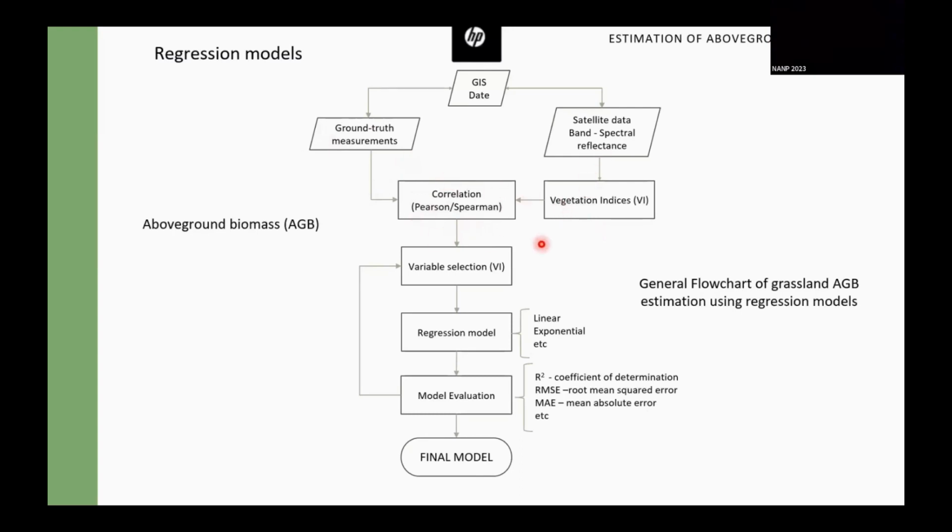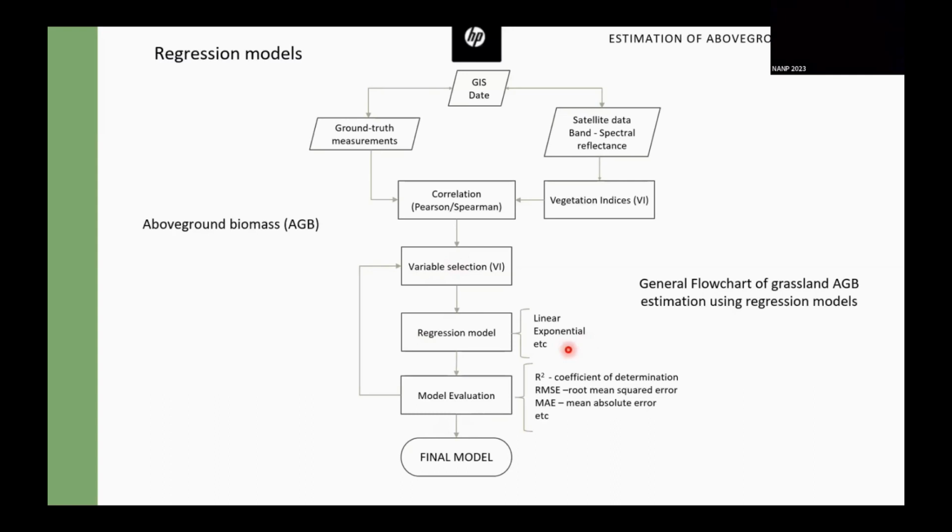Then I can come up with the vegetation indices that are most highly correlated with those measurements, forage biomass in this case. So you select the variable, the vegetation index, and you perform the regression model and evaluate these models based on the very well known evaluation parameters.